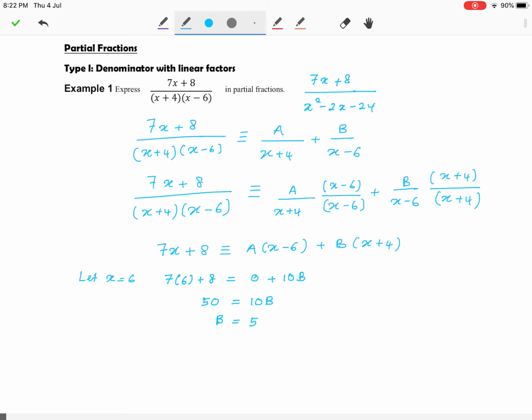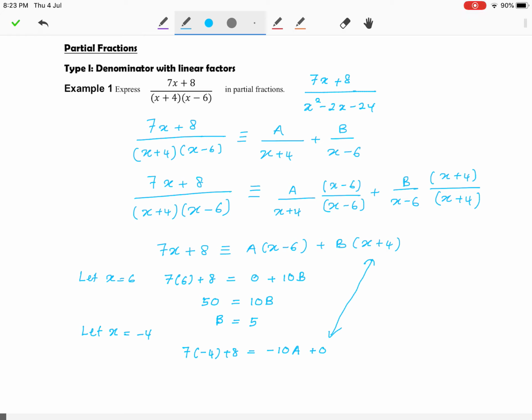Okay, so again, let x equal -4. So what I have here is 7 times -4 plus 8, which is equivalent to -10a plus 0, because you can see that when x is equal to -4, I will have 0 there.